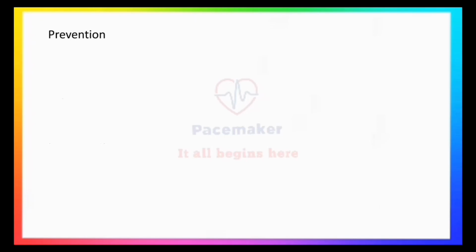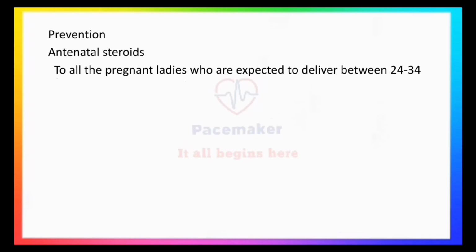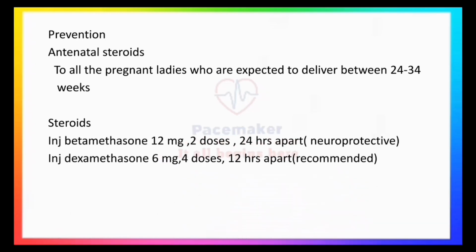How to prevent this condition? Whenever the patient is expected to deliver between 24 to 34 weeks of gestation, you have to give her antenatal steroids. Antenatal steroids are given to all pregnant ladies who are expected to deliver between 24 to 34 weeks of gestation, and the steroid used here is injection betamethasone 12 mg.